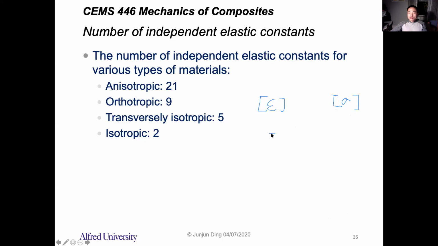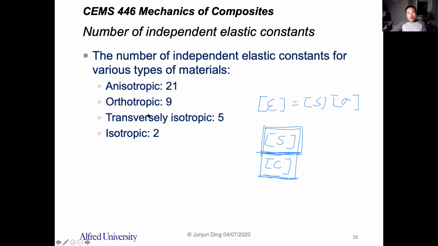So we know there are 2 matrices, the compliance matrix S and the stiffness matrix C. The stiffness matrix is actually the inverse of the compliance matrix. This is key to expressing the stress-strain relation, and it is a good expression of your physical properties, right?